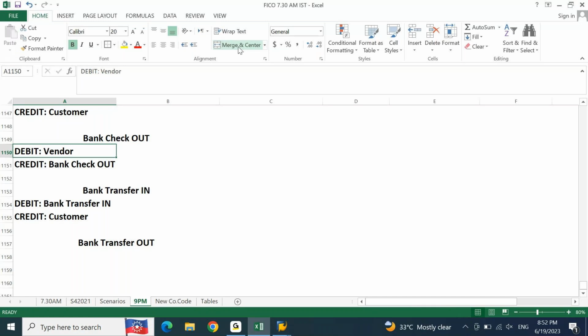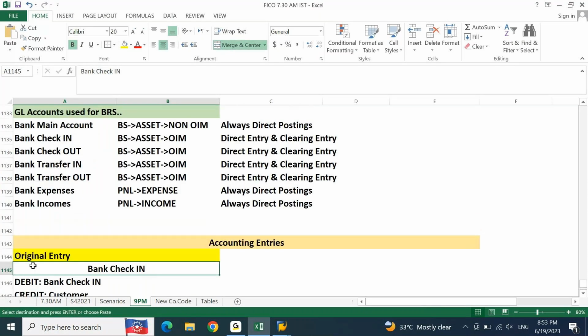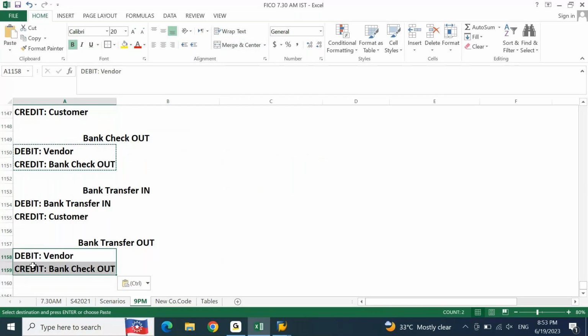If it is a transfer payment, transfer related GL account. In this case, we are using transfer outgoing. You will be passing the same accounting entry but with transfer GL account. So vendor will be the same, who is receiving the payment. You are losing the money, or money is going out from you in the form of bank transfer. Clear this entry?